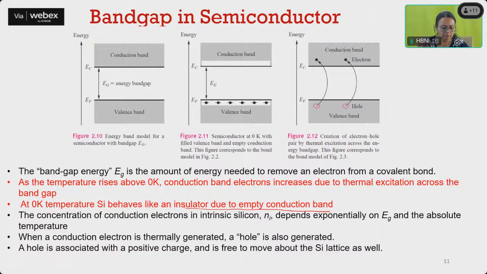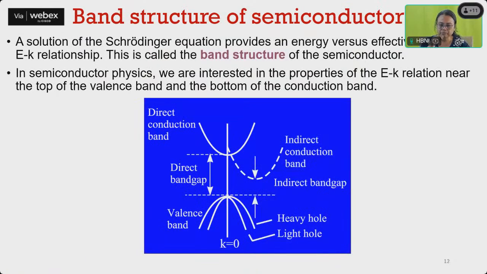As explained, the number of conduction electrons in an intrinsic semiconductor depends exponentially on Eg and the absolute temperature. When a conduction electron is thermally generated, a hole is also generated. A hole is associated with a positive charge and is free to move around in the silicon lattice.